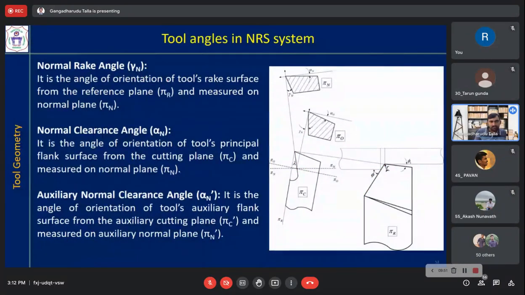Now you can understand all these definitions. Gamma n is here. So how do you define this gamma n? It is the angle of orientation of tool's rake surface from the reference plane pi r. So this is pi r, and measured on normal plane pi n.